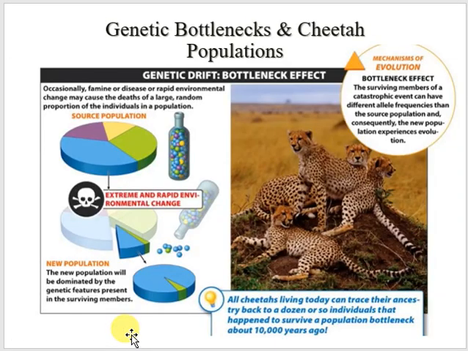And obviously, lack of diversity has significant impacts as far as population health and survivability of these populations. So the lack of genetic diversity in cheetahs has led to such things as sperm abnormalities, decreased female fertility or decreased fecundity.